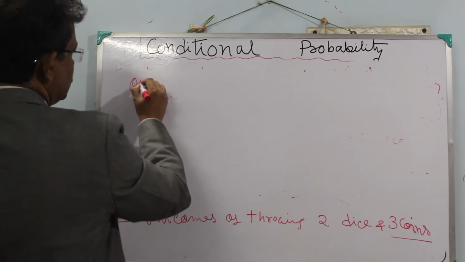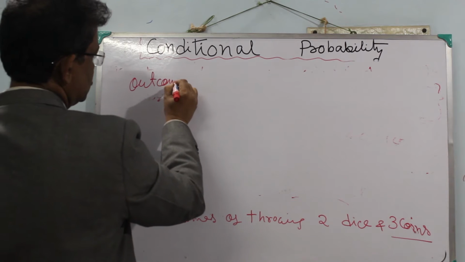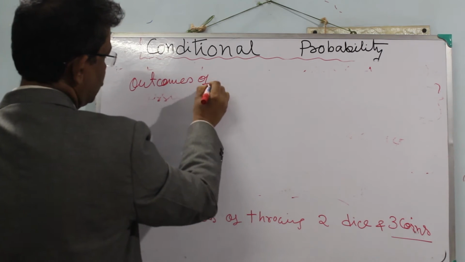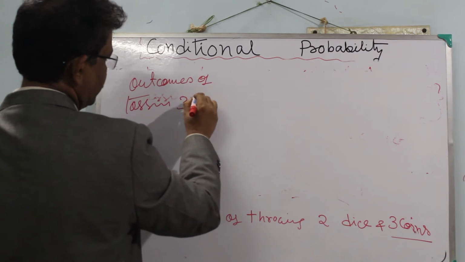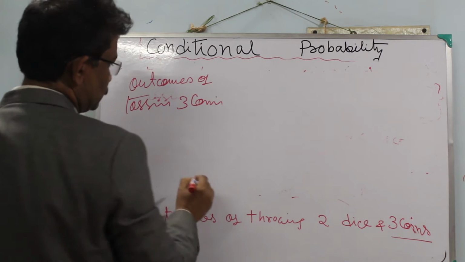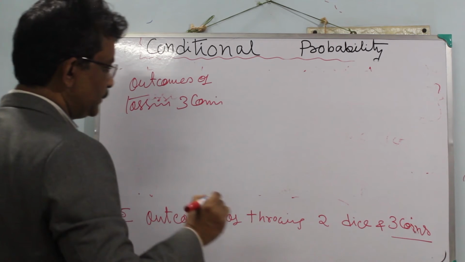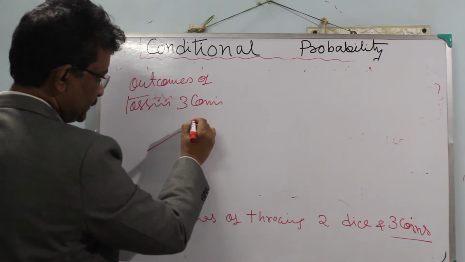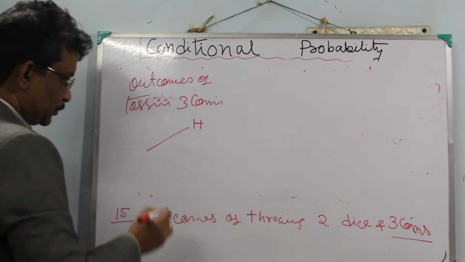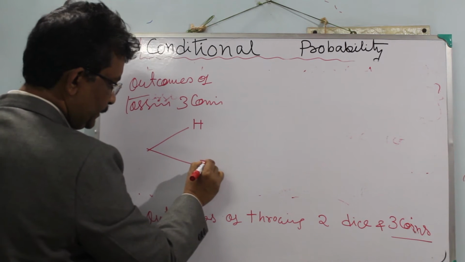Tossing outcomes of tossing 3 coins. So I can take the help of a tree diagram. Like this. First one, tossing maybe head and tail.